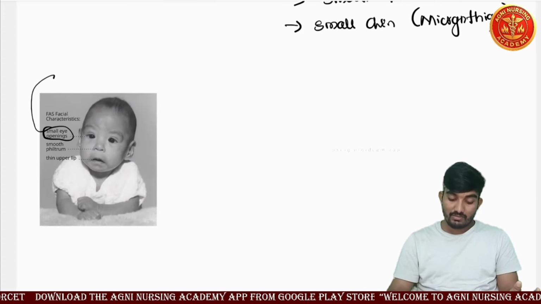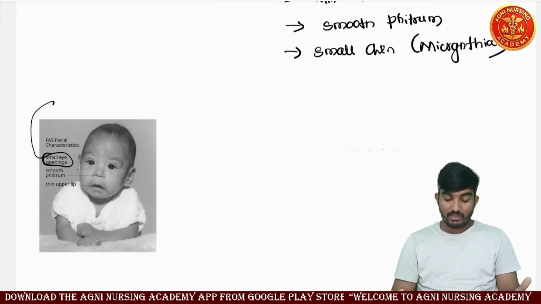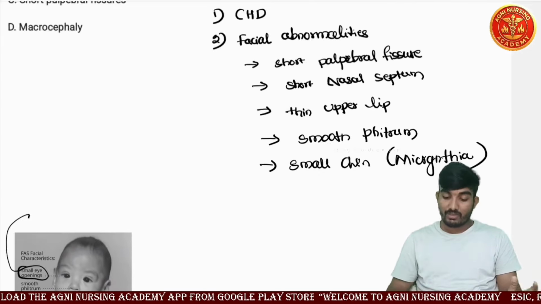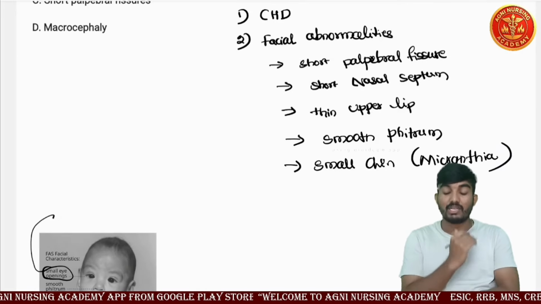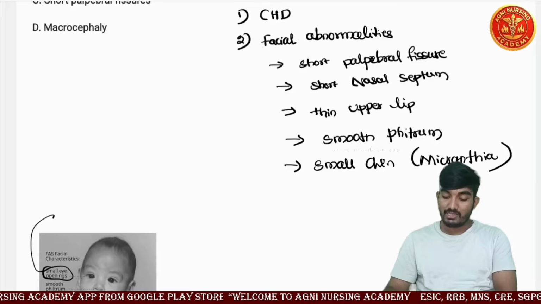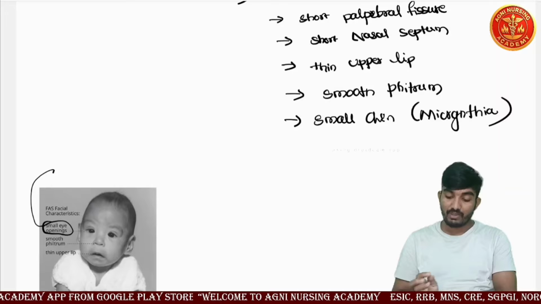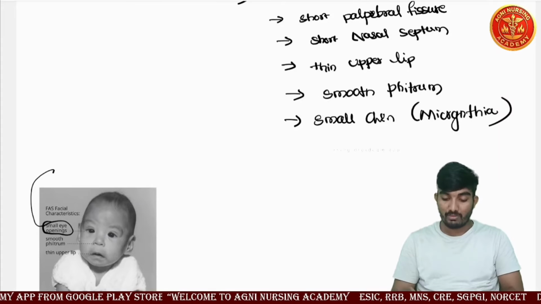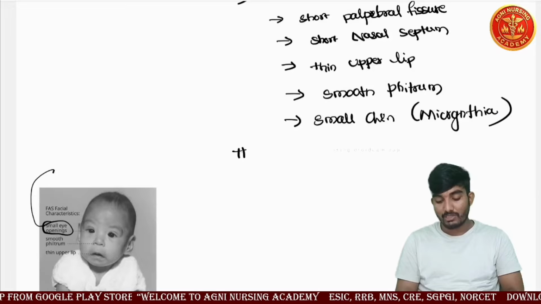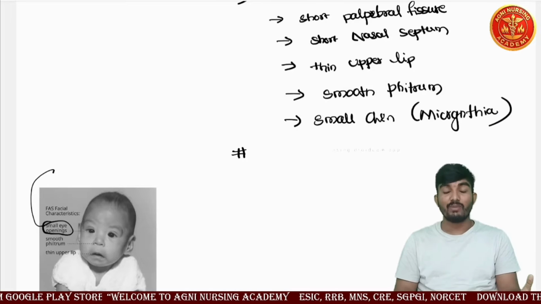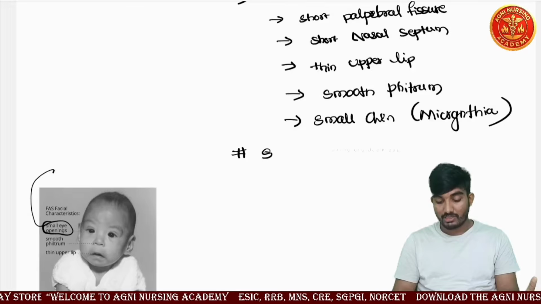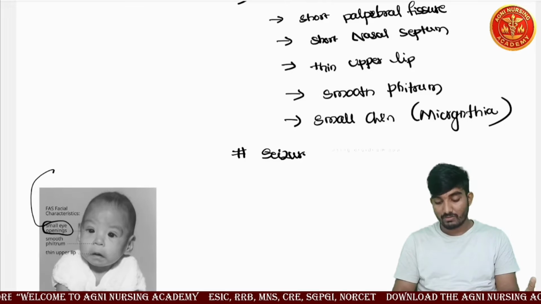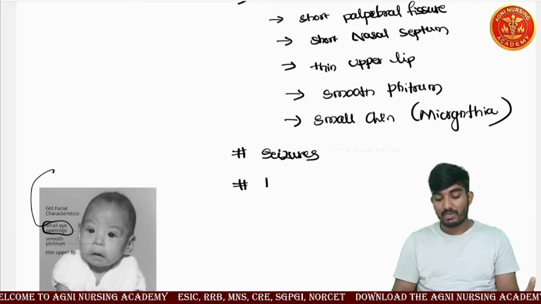In fetal alcohol syndrome, the small eye opening, short nasal septum, and thin upper lip will be present, and a smooth philtrum and small chin will be present. This is the facial abnormalities. And among the other abnormalities, because of alcohol withdrawal symptoms, there is a chance of seizures and respiratory distress.